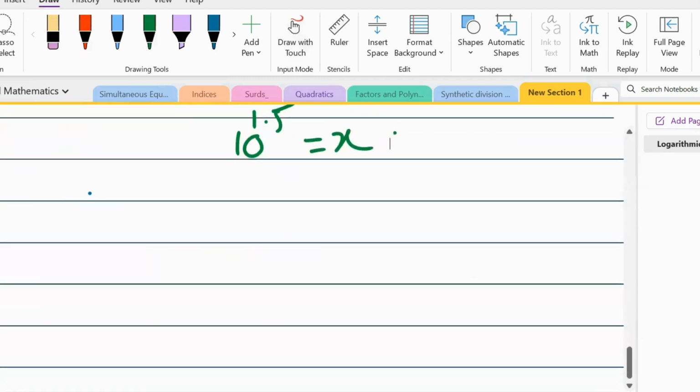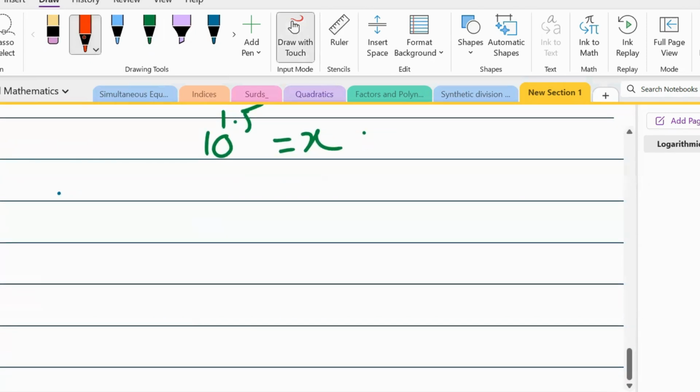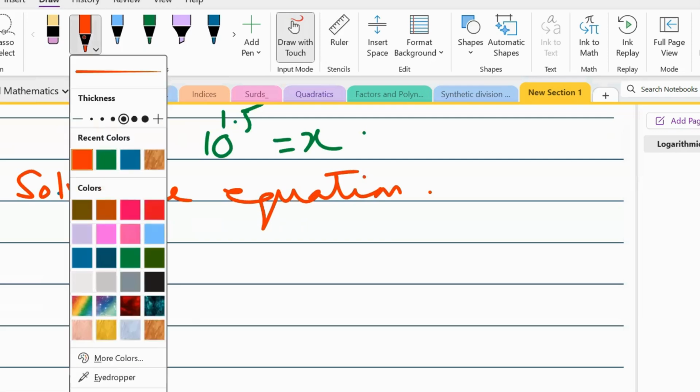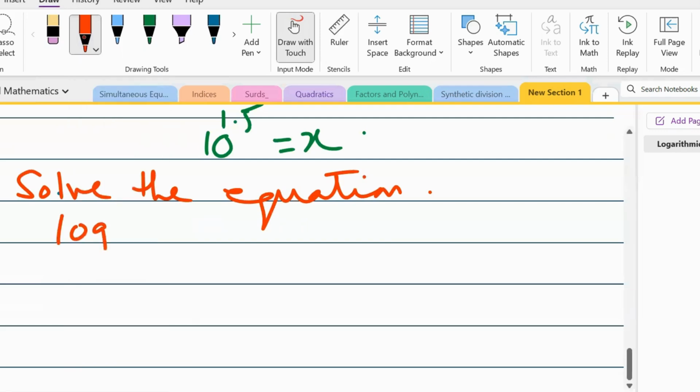And if you are given an equation of the type: solve the equation log 10 of x is equal to 2.9. Whenever the equation is in logarithmic form, you have to change it into exponential form.